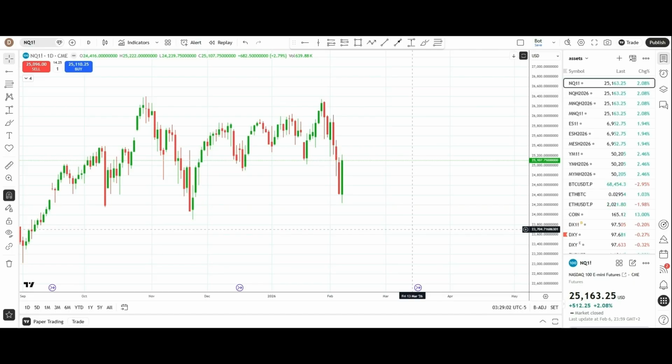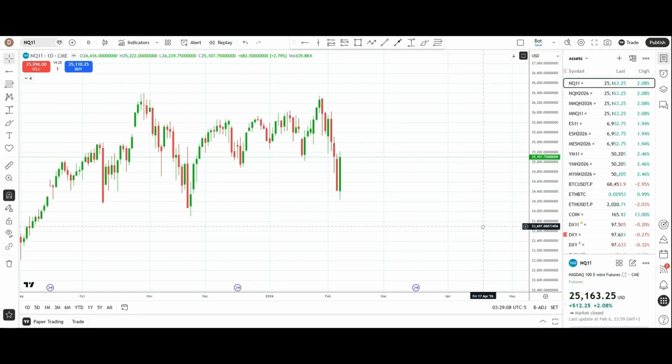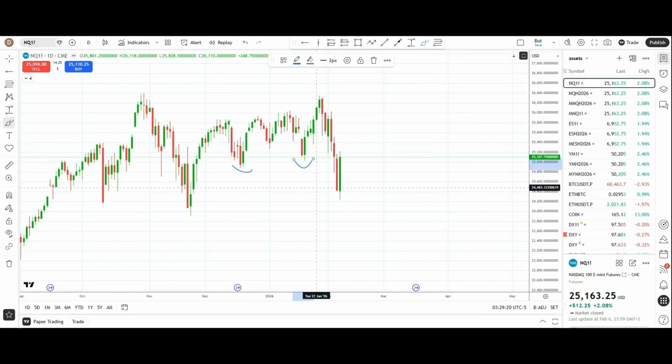But what I want to show you further is a strong decorrelation. Okay, maybe not that strong, but it's a decorrelation between indices. So this is Nasdaq, where we see that the price has taken out and went well below these lows from December and January.